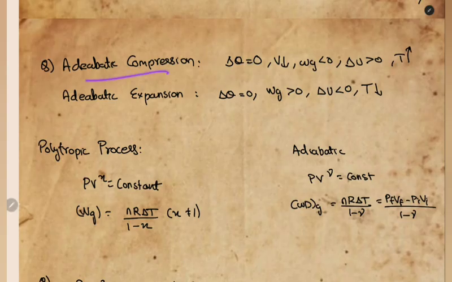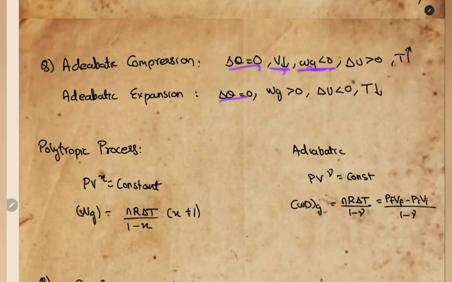So adiabatic compression, delta Q is equal to 0. We will be increasing, work done by the gas, so this is the analysis. Okay, adiabatic compression and adiabatic expansion, just see these things. Delta Q will be equal to 0 because it's an adiabatic process. Delta Q will always be equal to 0, and volume will be decreasing for sure in a compression.